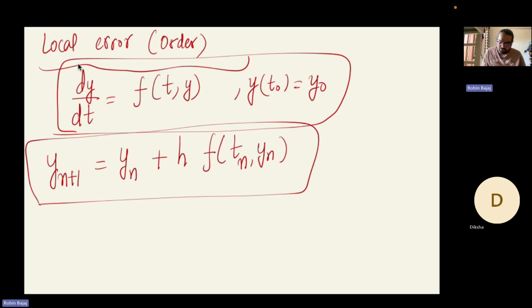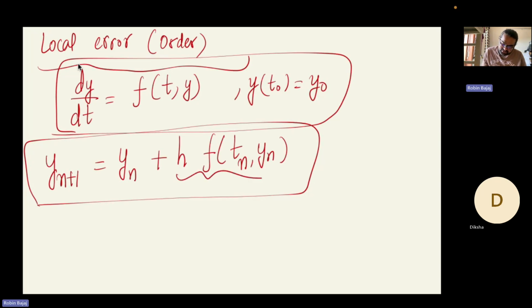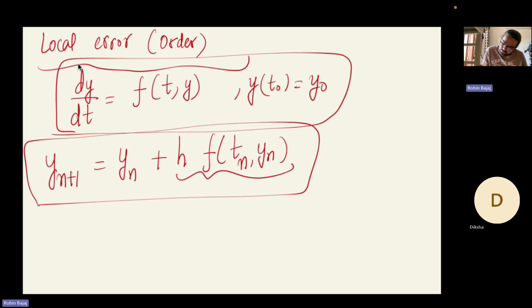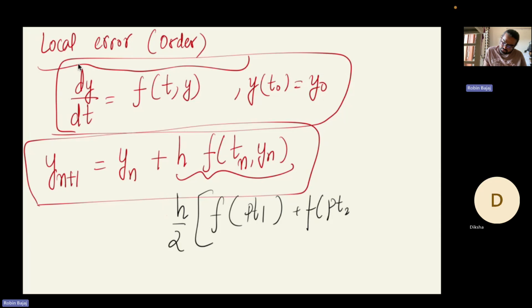But in the improved Euler method, it's not that. They take an average of the slopes at two different points. So basically they replace this by h by 2 times f at point 1 plus f at point 2.